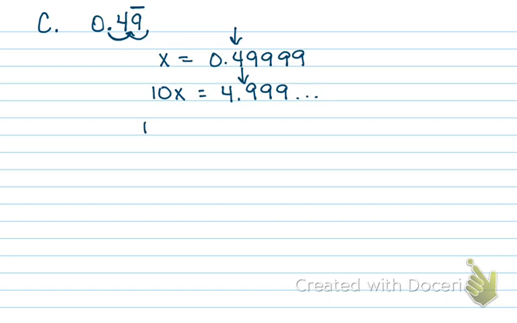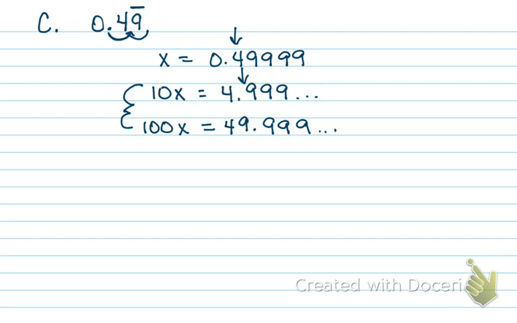That would be 100x is equal to 49.999, etc. So now if I look, these two equations actually have the same thing after the decimal, and they would cancel out if I set them up to subtract from each other.